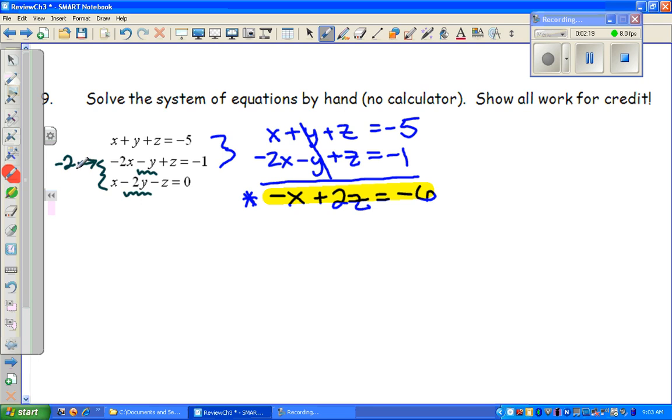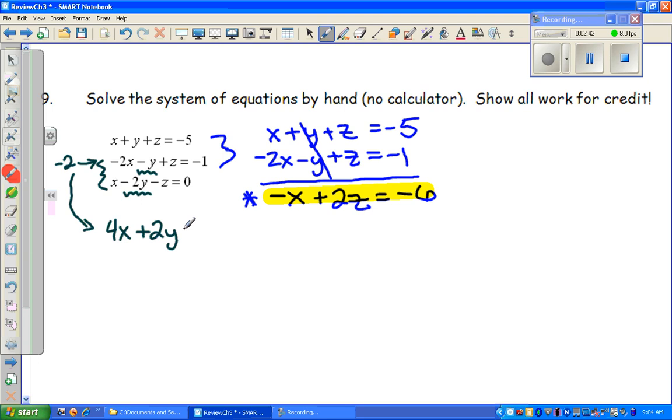So let me multiply that, and I'm going to rewrite it down here. When you multiply an equation by a number, you have to multiply every single term in that equation, especially on the right side of the equals. That's where everybody forgets to do that. Negative 2 times negative 2 is positive 4x. Negative 2 times negative y, positive 2y.